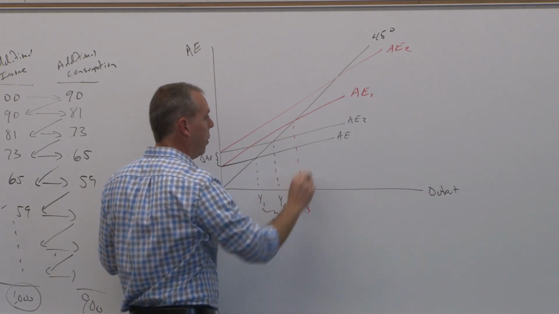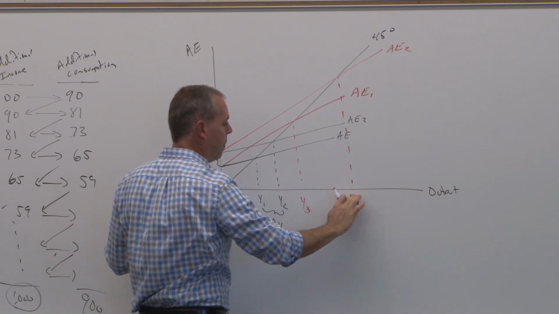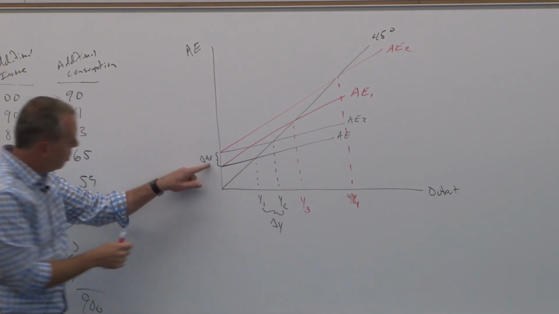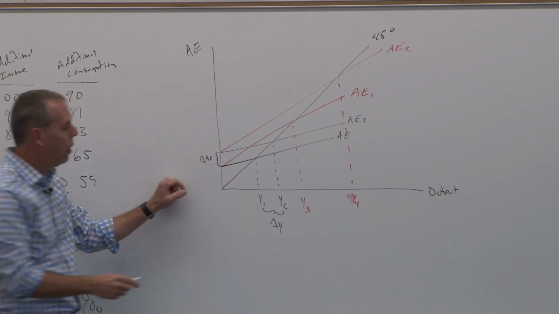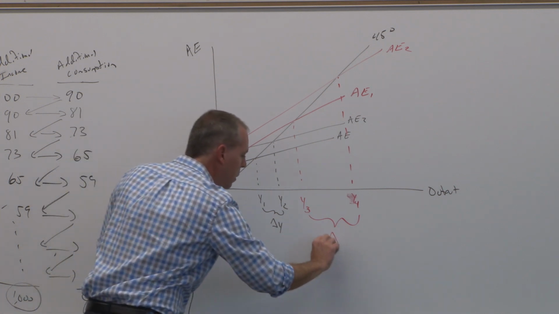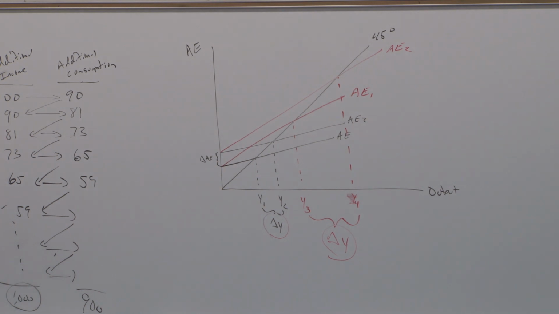I'll call this, say, Y3. I'll call this guy, say, Y4. It's the same change here. But we have a much larger change in income, right? Depends upon the slope of this marginal propensity to consume.